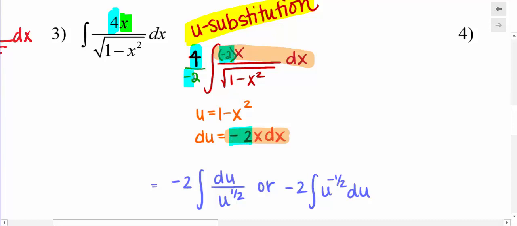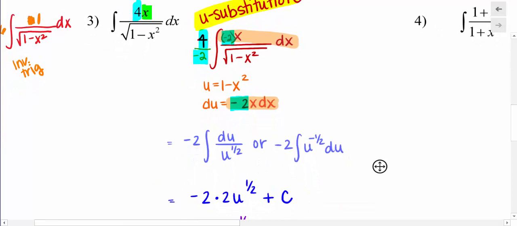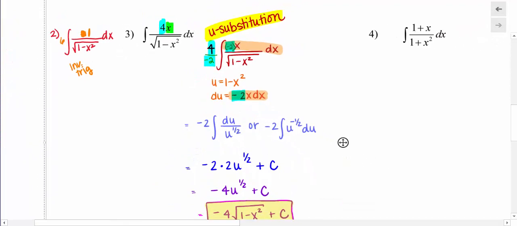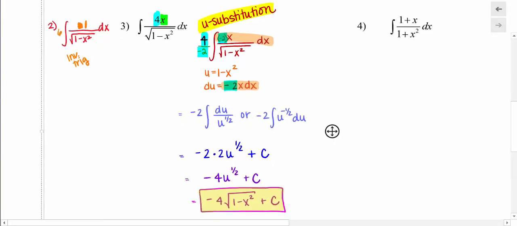So I'm going to multiply the negative 2 inside, so I'm going to divide the negative 2 outside. So I end up with negative 2 times the antiderivative du over u to the half. So this worked out perfectly for U-substitution. And then I integrated it, and I was done.